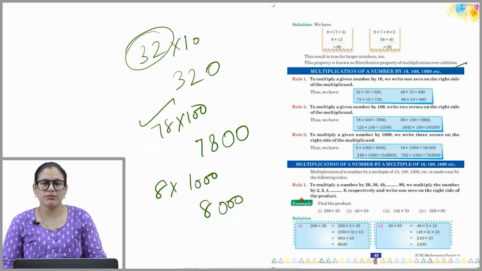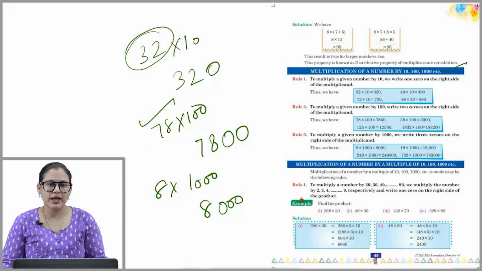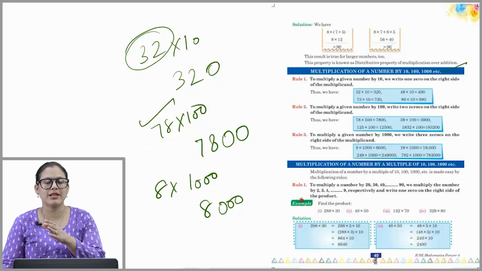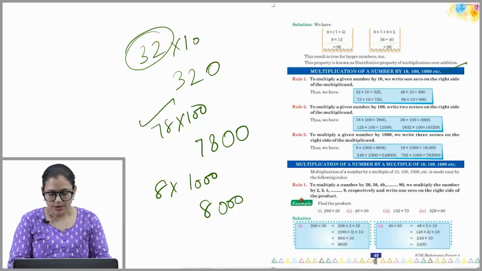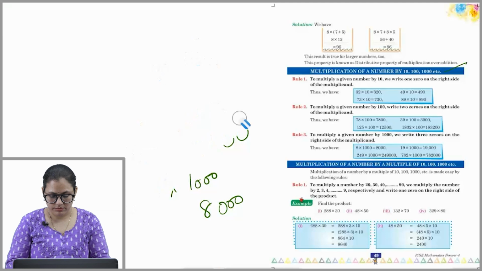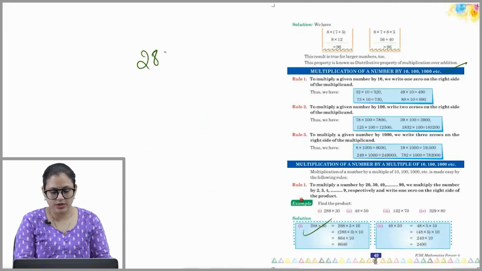Multiplication of a number by a multiple of 10, 100, 1000, etc. is made easy by the following rules. Rule 1, to multiply a number by 20, 30, 40 and so on up to 90, we multiply the number by 2, 3, 4 and so on, and write 1 zero on the right of the product. For example, you have given 288 into 30.